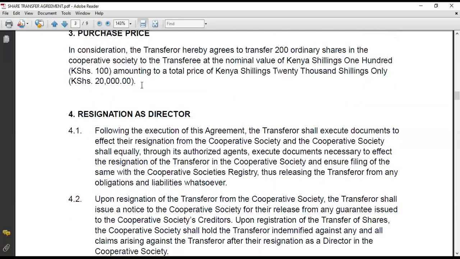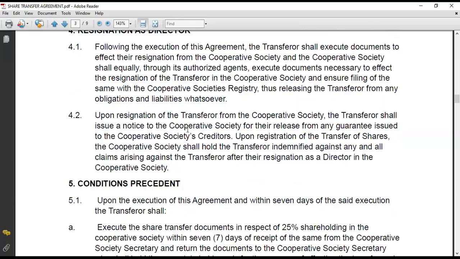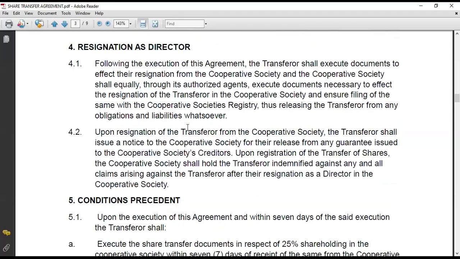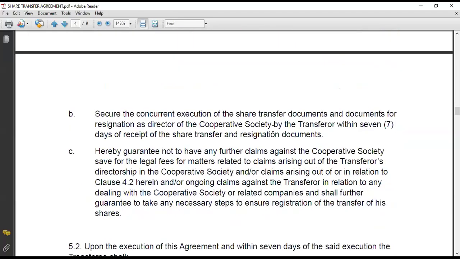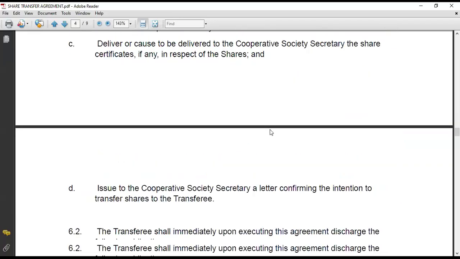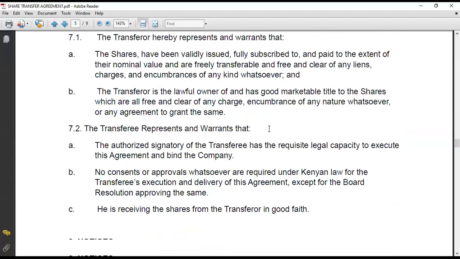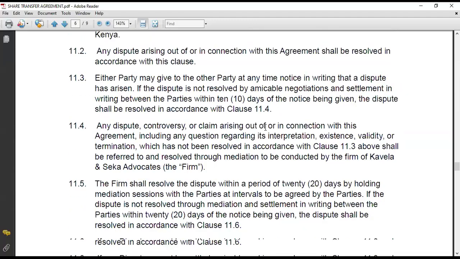The purchase price, if it is a consideration, then the other obligations of the parties. I can share it after class. You will look at it.